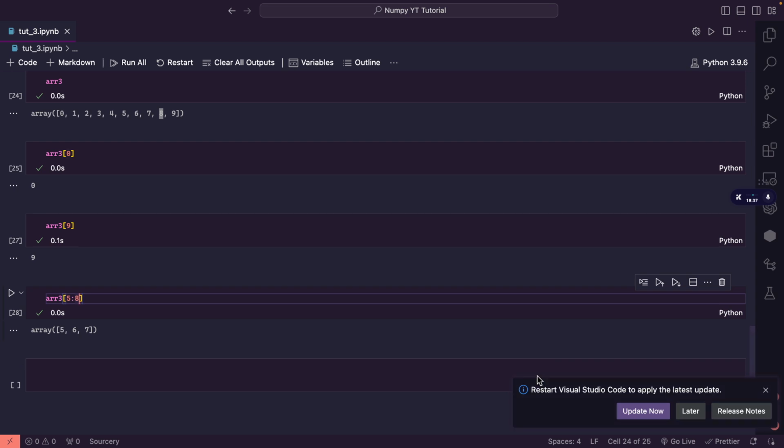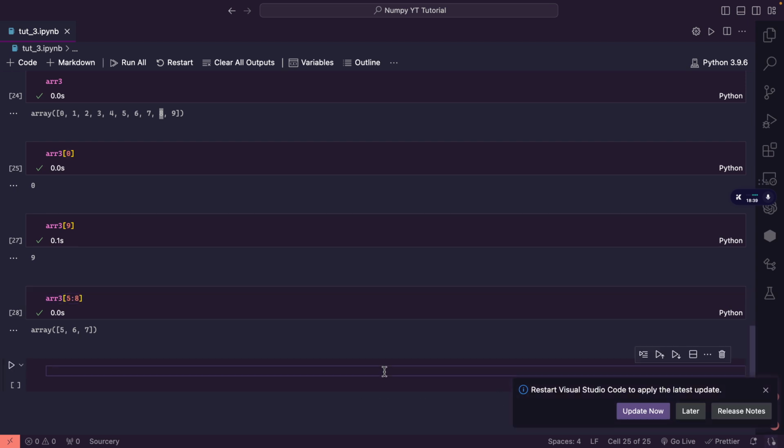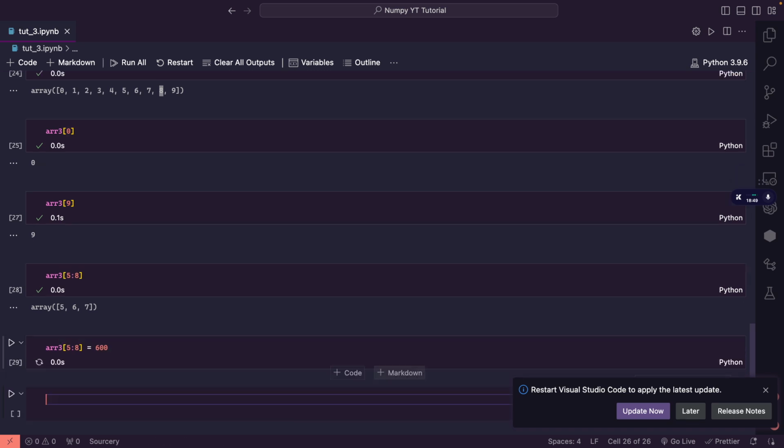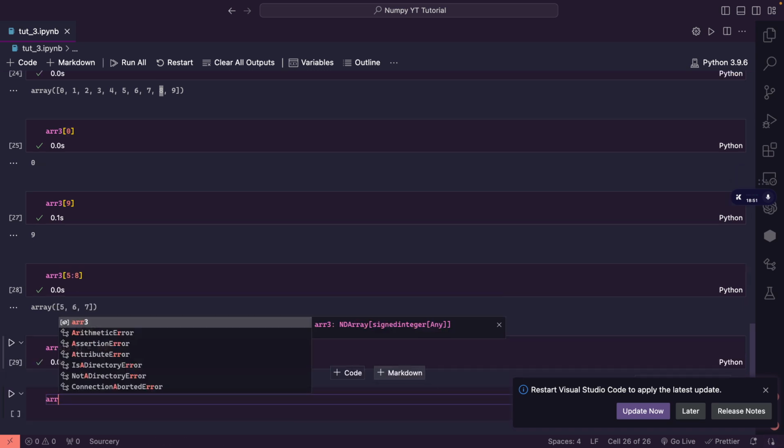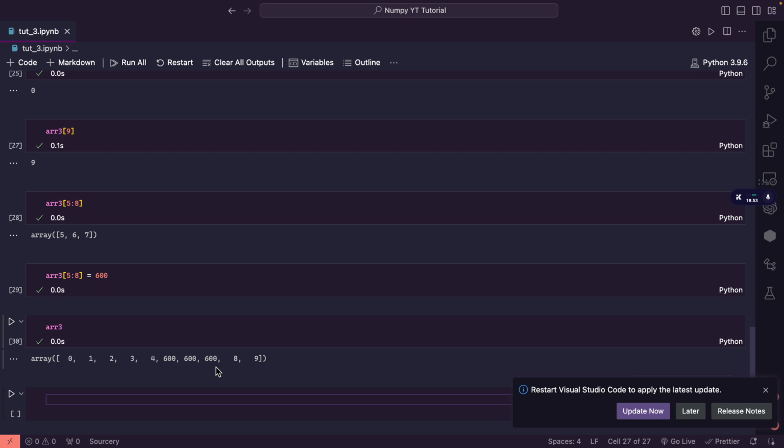And we can also assign some value in it. Like if we want to assign the value 600 to it, you could see that this is actually 600. How?